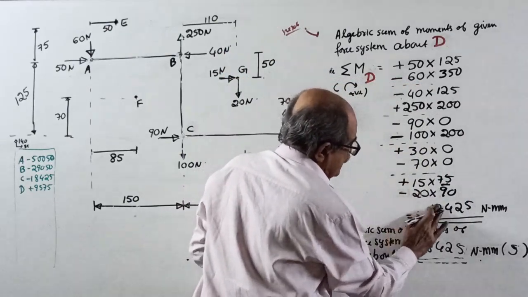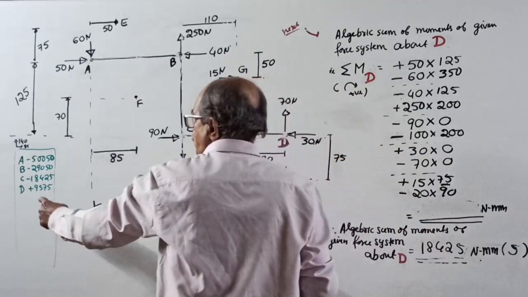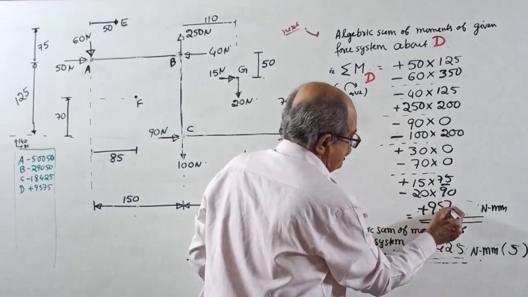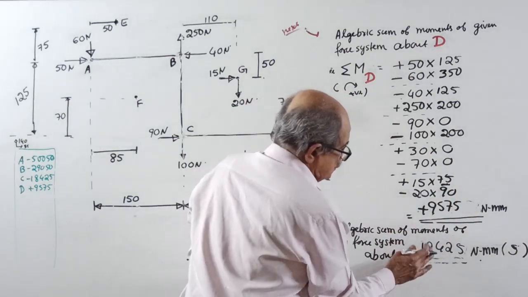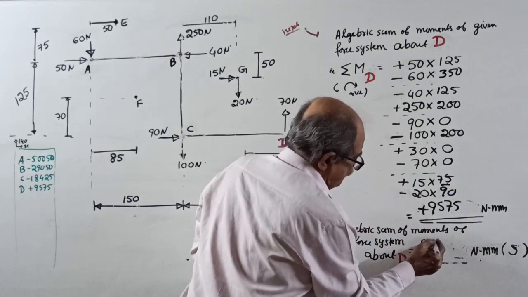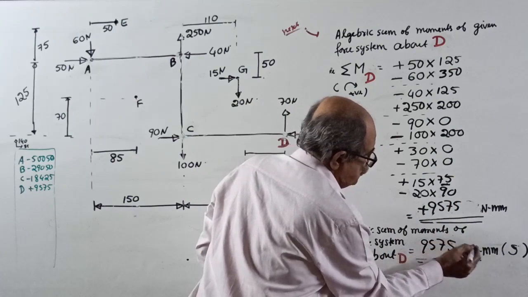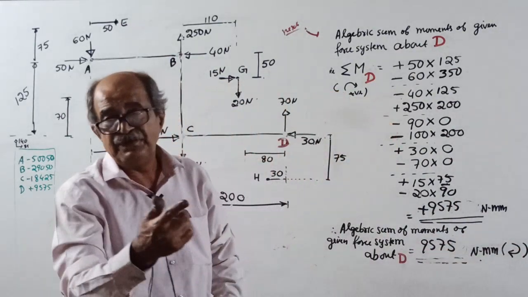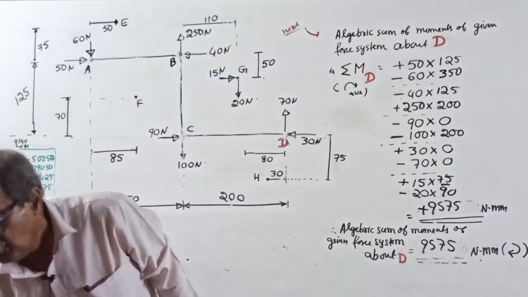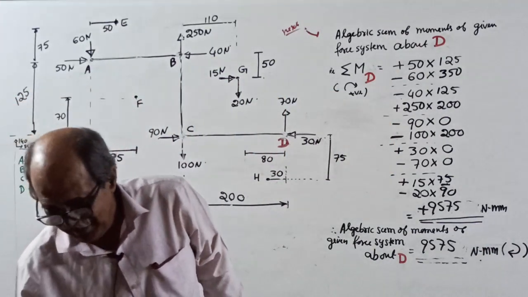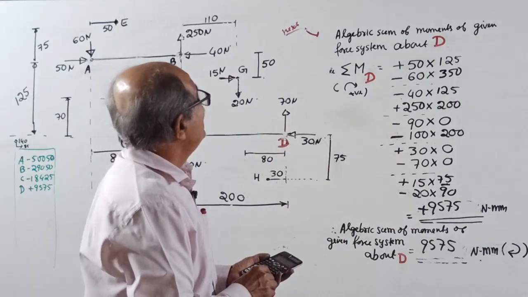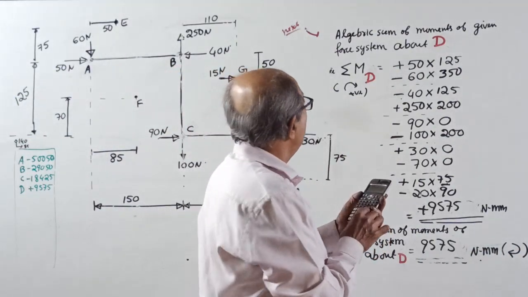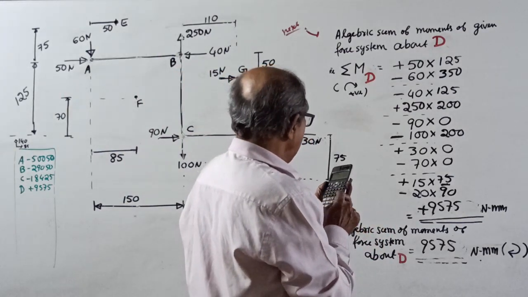This time, the answer has to come plus 9575. Therefore, plus came. So, the answer is 9575 Newton millimeter. Not anti-clockwise, clockwise. Okay, for your satisfaction, I will do it not by magic calculator, I will do it by real calculator. Only for your confirmation. But see, I am not in tension. 50 into 125, let me see.